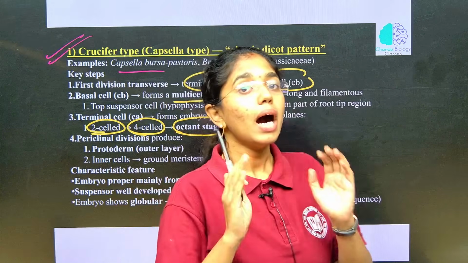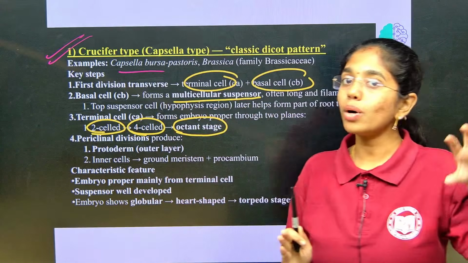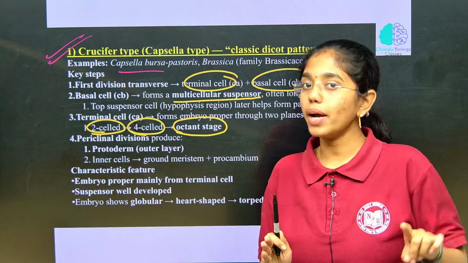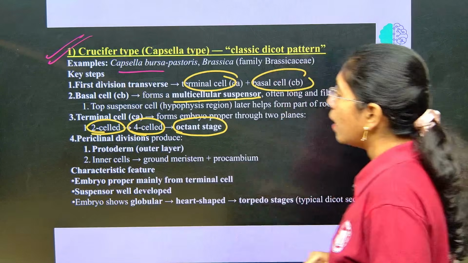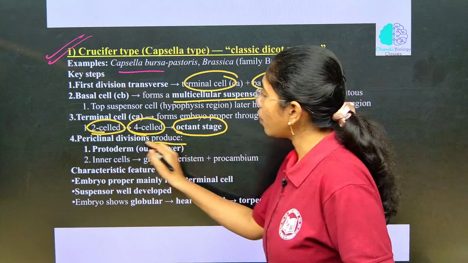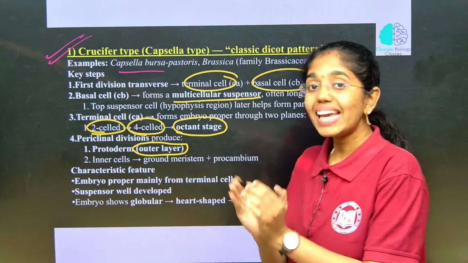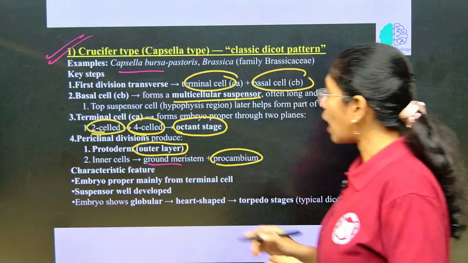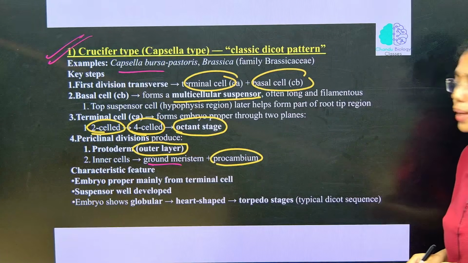Do remember, heart shaped embryo is formed only in the dicot embryogeny. Because of the periclinal divisions, protoderm is formed, which is the outer layer, and the inner cells will lead to the formation of ground meristem and procambium.